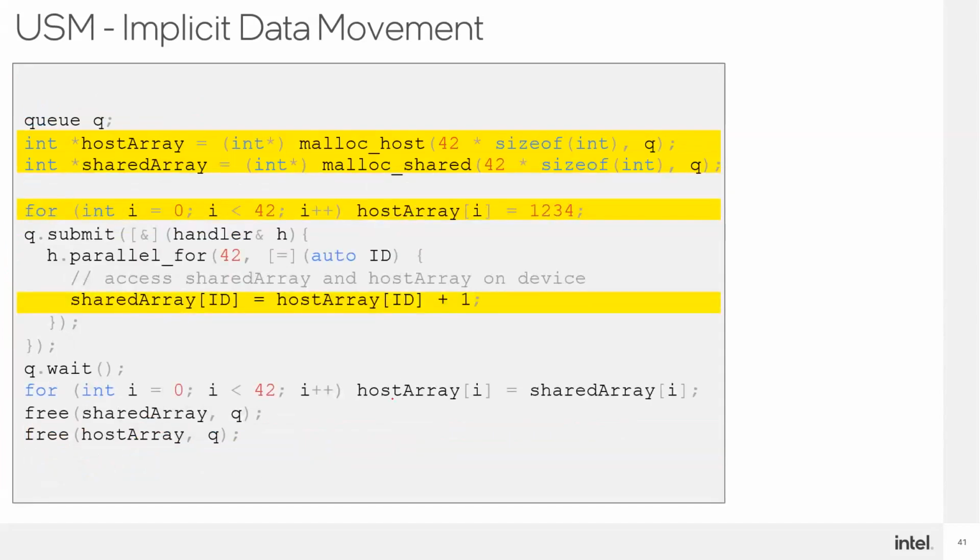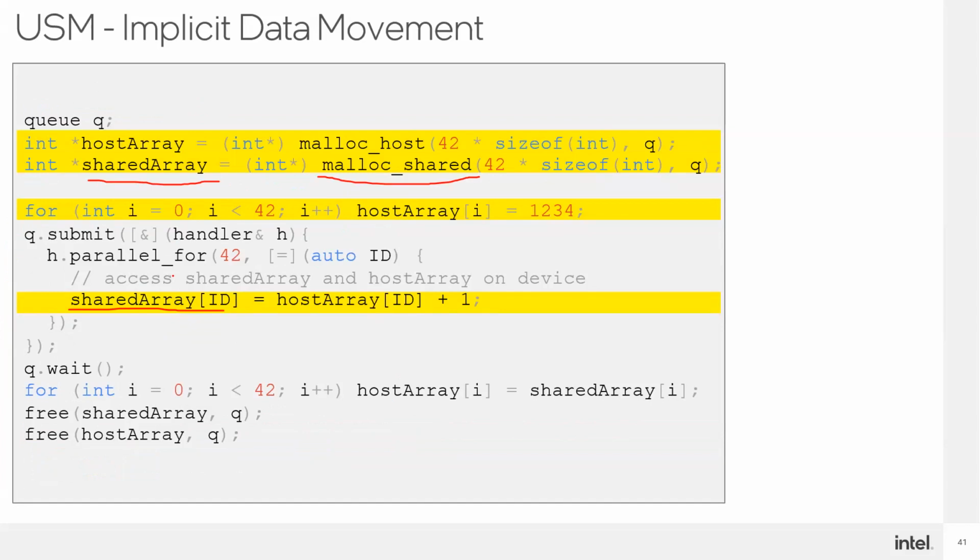While there is also an implicit data movement mode where you create a shared allocation, and this pointer you can use in the device code without the requirement to do memory copy calls anymore. So as you can see, there are no memcpy calls anymore.